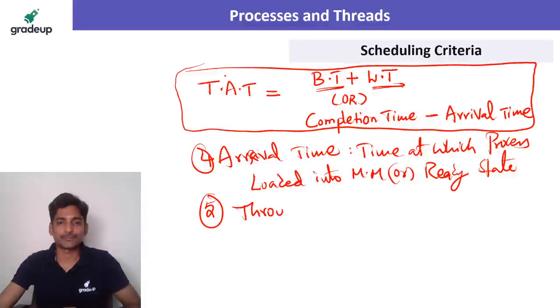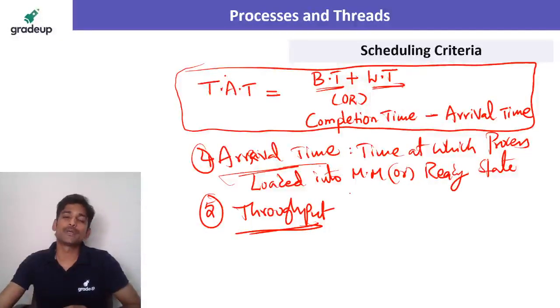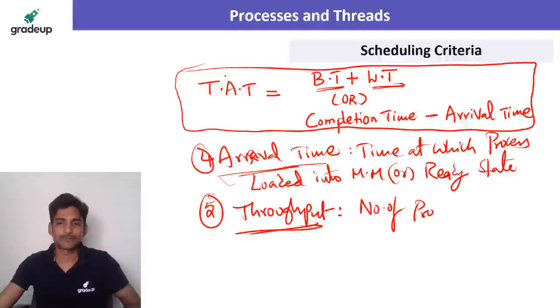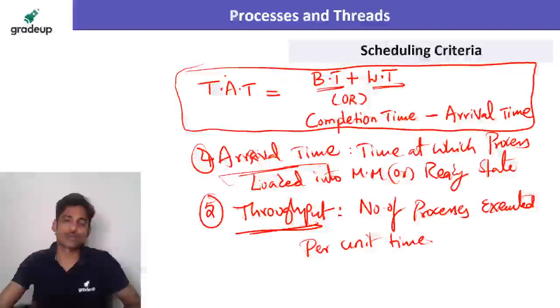Throughput. Throughput is another parameter we can say. What is throughput? Number of processes executed per unit time. This is throughput.